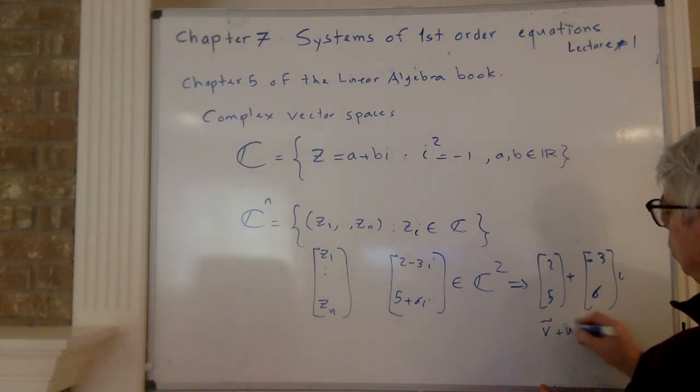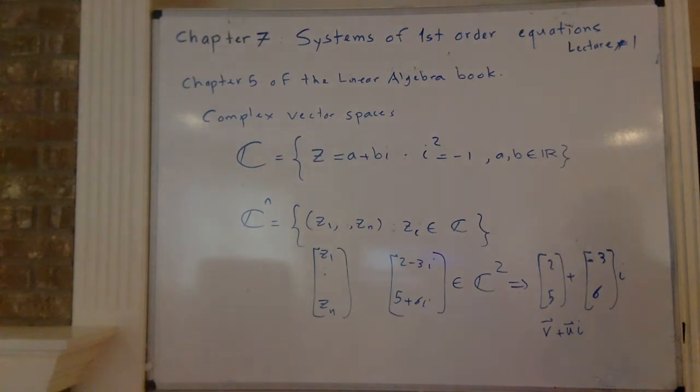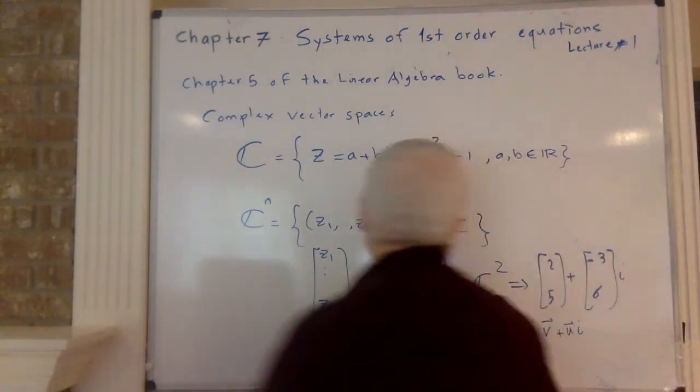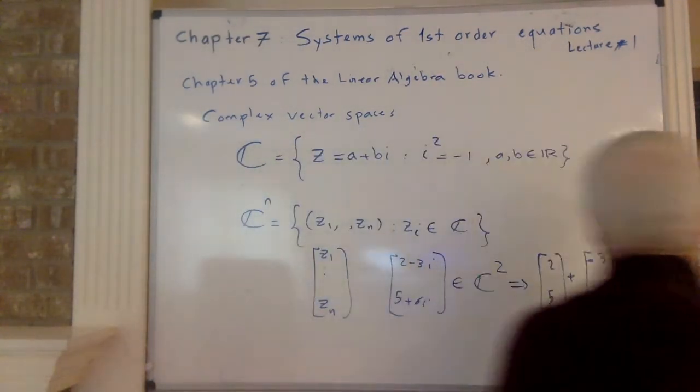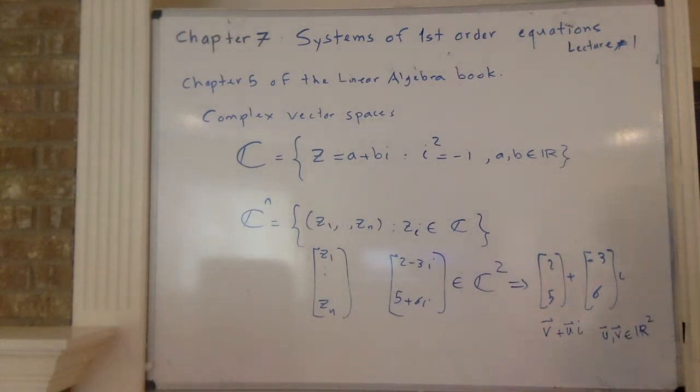It's like v plus ui, and this u and v belong to R2.